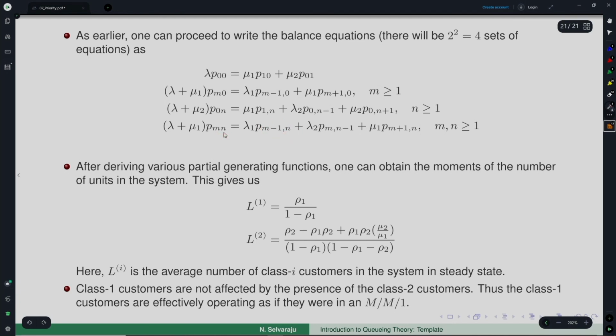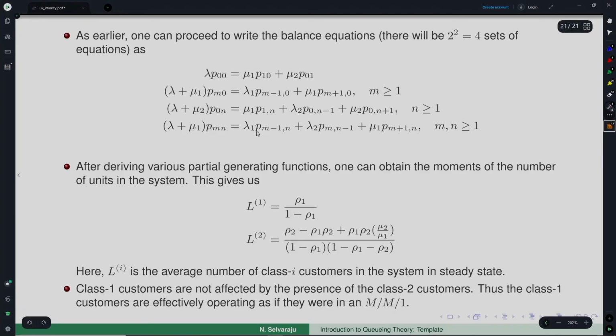One possibility. What are the possibilities that can happen? Priority 1 customer arrives, priority 2 customer arrives, priority 1 customer service completion, priority 2 customer service completion. These are the 4 possibilities, right. We have to look at those possibilities only.